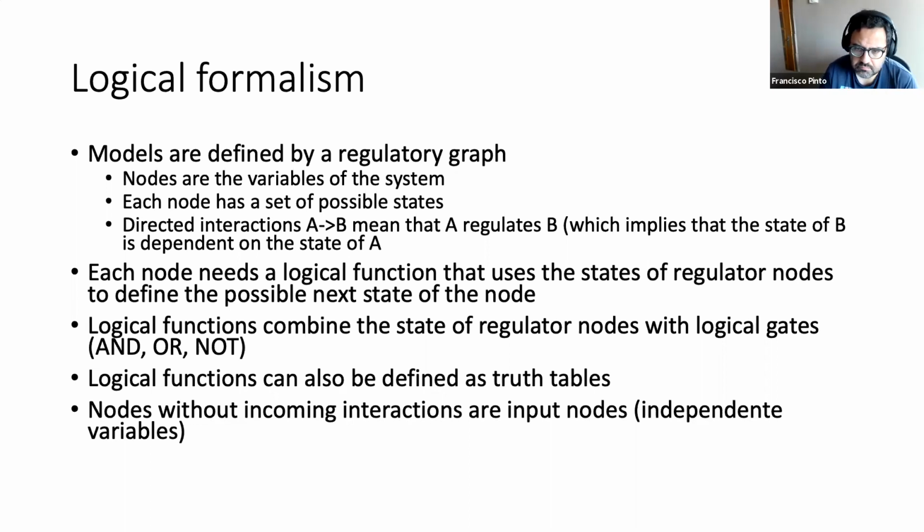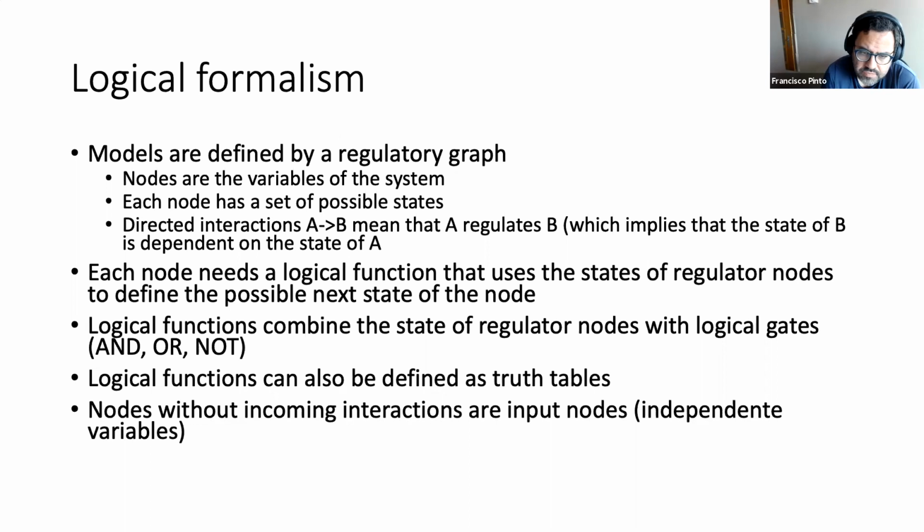So most of the time, the model components are these genes or proteins. And we have to define for each of the nodes how many possible states they can have. So usually they have the off state, but they can have either just one on state or multiple active states.